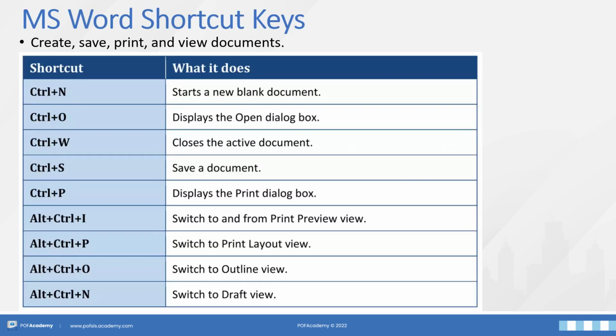So let's move on to our second agenda, which is to discuss the shortcut keys in Microsoft Word. So in creating, saving, printing, and viewing of documents, there are a variety of shortcut keys. In using shortcut keys, actually the main function is to make what we are doing faster.